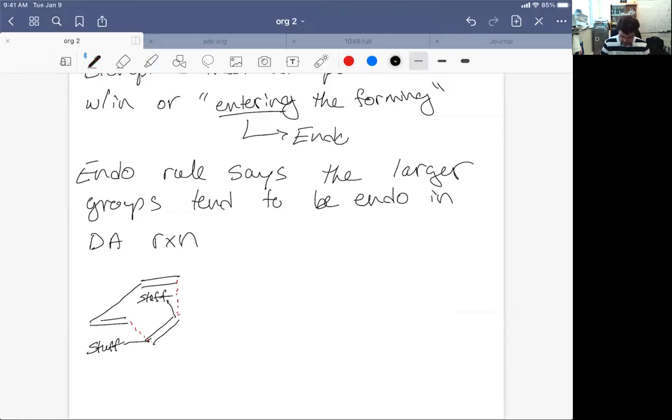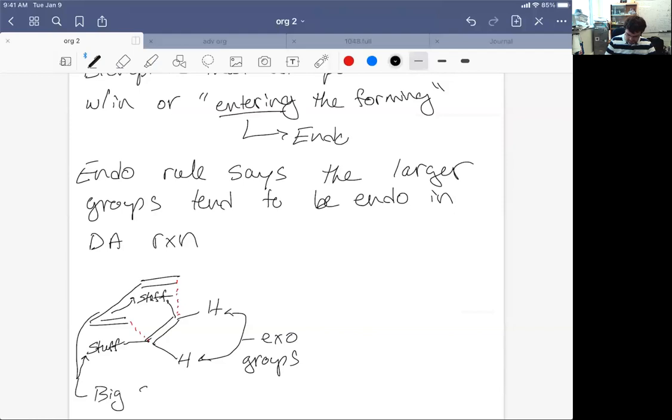And then the H atoms are positioned outward or exo. These are my exo groups because they're exiting the forming ring. And the Endo Rule says the stuff should be endo. So for most Diels-Alder reactions, we position the big stuff to be endo. That's the Endo Rule.